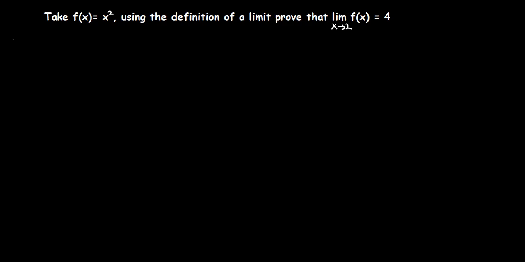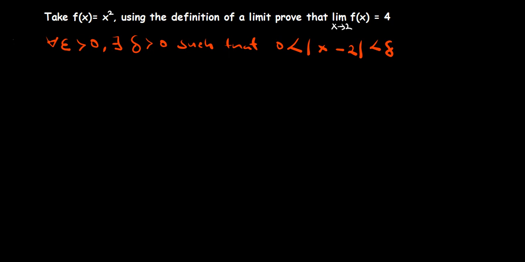For all epsilon greater than 0, there exists a delta greater than 0 such that if 0 is less than modulus of x minus 2, less than delta, then we have modulus of f of x minus the limit, less than epsilon.